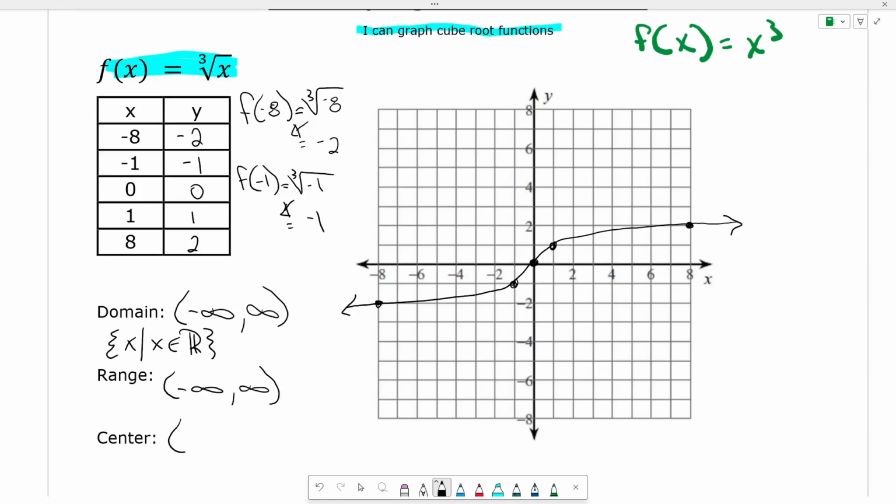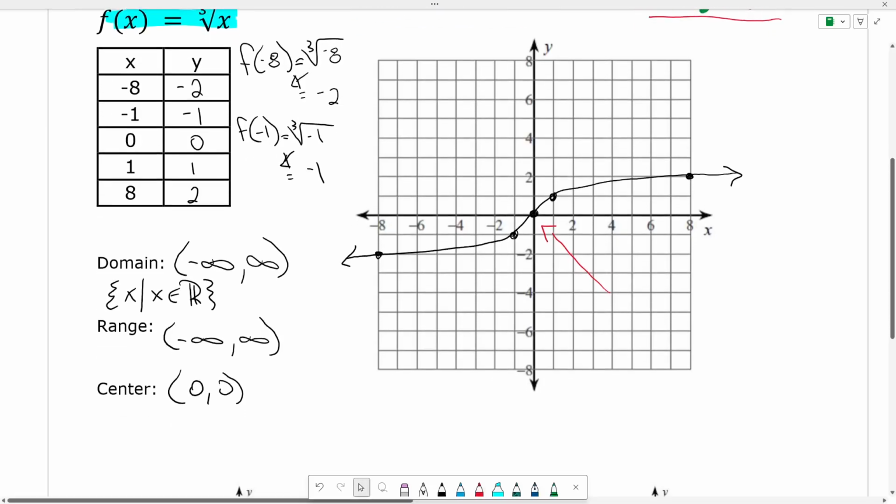And my center, which is also sometimes referred to as our point of inflection, will be located at 0, 0. That is this point right here, where we have the change in direction of the graph. If you notice, this compared to my cube function is basically the same thing laid on its side.